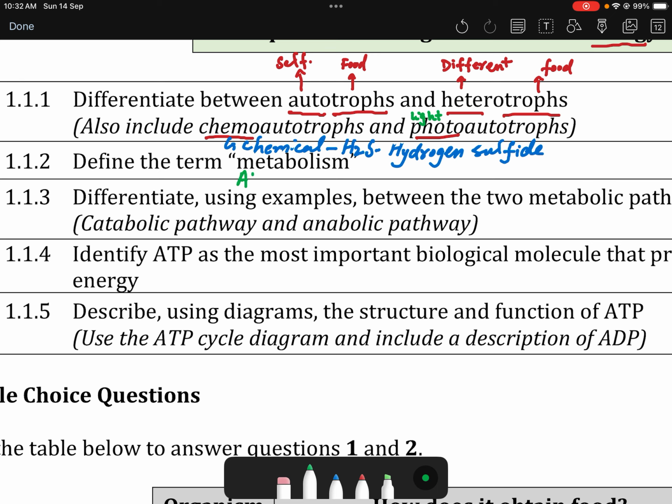All chemical reactions taking place in an organism, we call it metabolism.